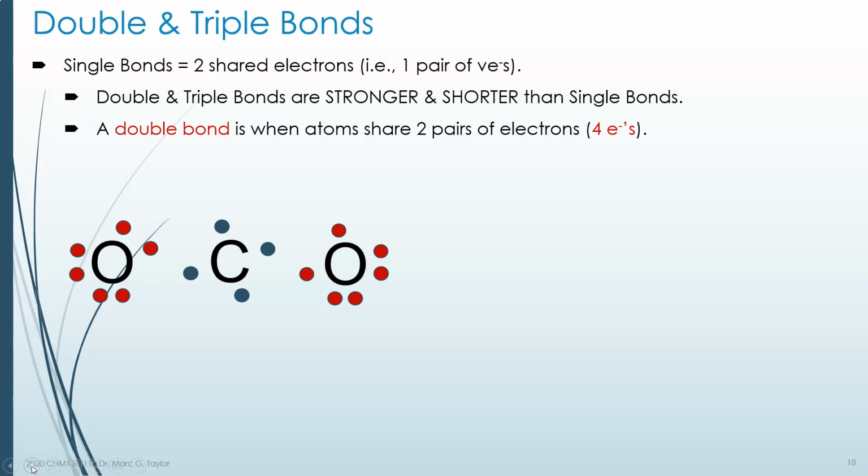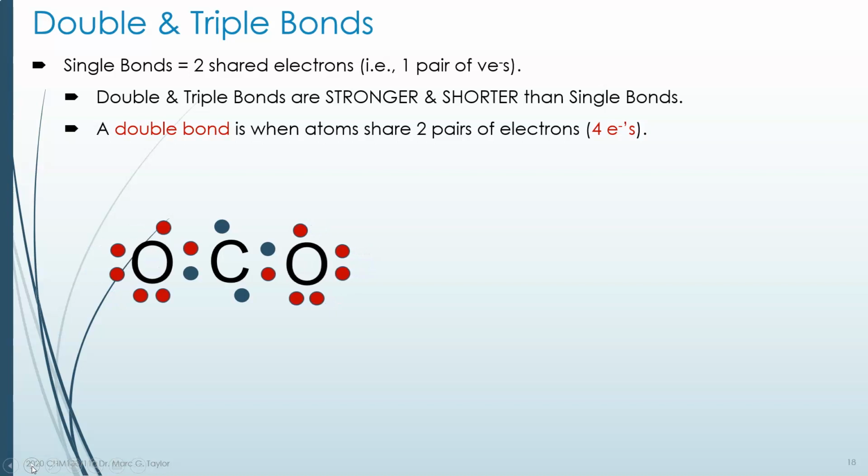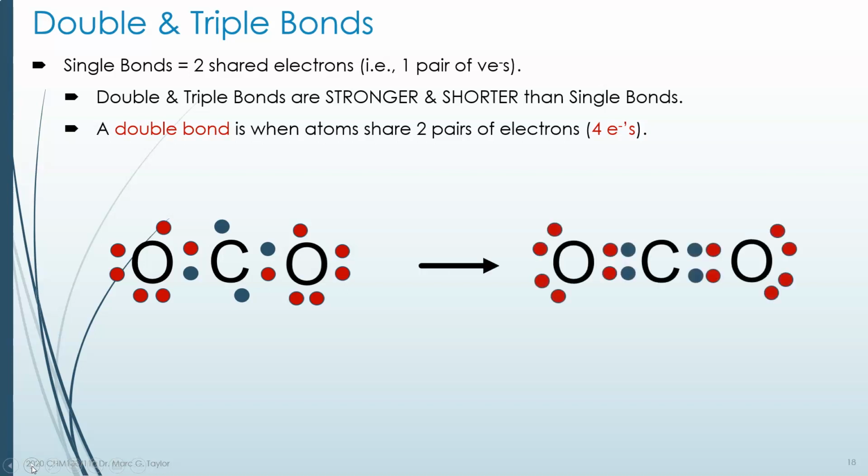Well, if it interacts with 2 oxygens, they each need 2 electrons. The carbon needs 4 electrons, and you can imagine that they can come together and initially share a pair on either side of the carbon, but still, the oxygen on the left still needs another electron. The oxygen on the right still needs another electron, and the carbon in the middle still needs 2 more electrons. So the way around this is to share more electrons.